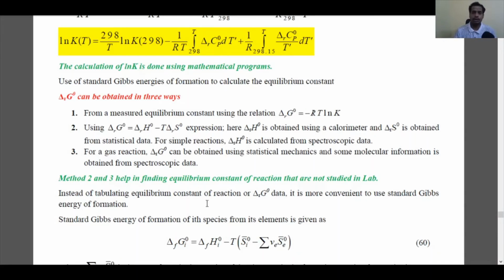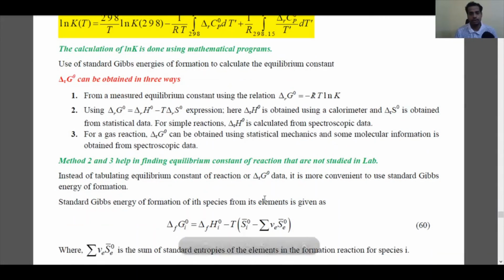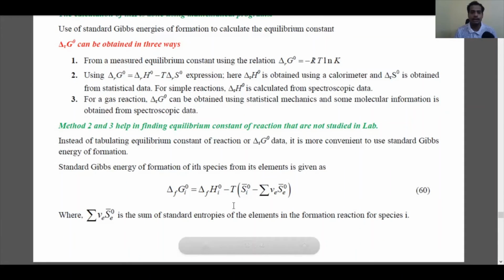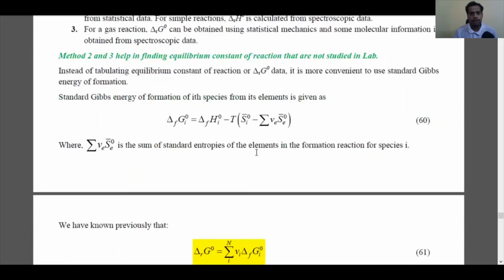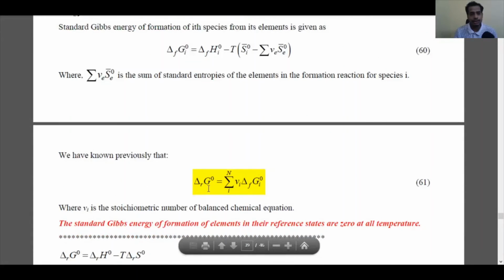But generally the reaction Gibbs energy at standard state data are not tabulated; rather, the Gibbs energy of formation data is tabulated, because the reaction Gibbs energy at standard state is related to the Gibbs energy of formation by a summation expression.